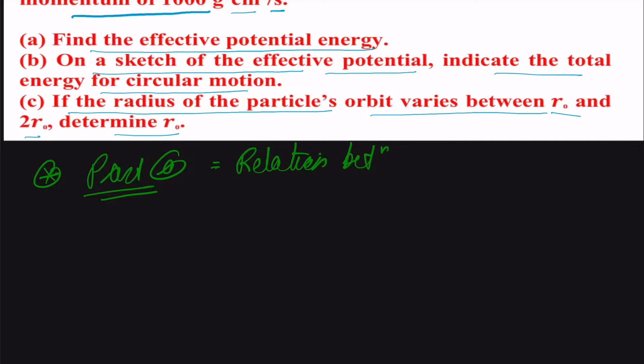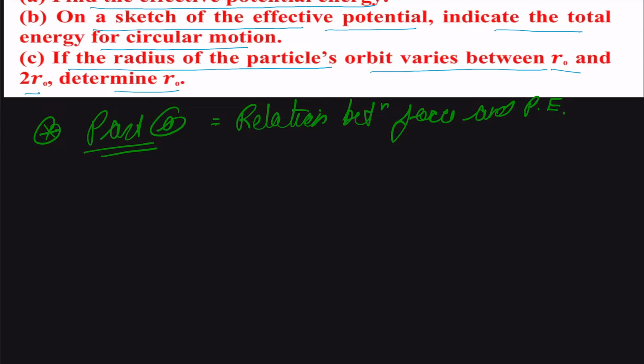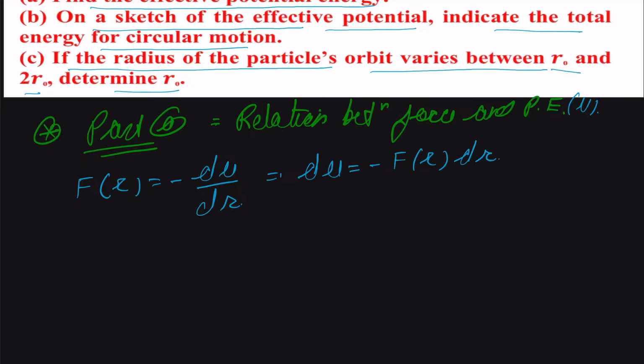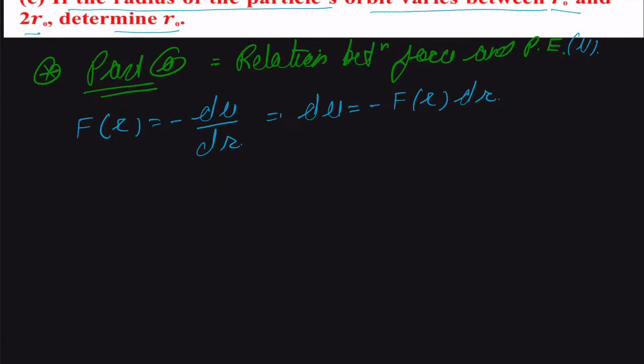and in this part A, we find the relation between force and potential energy. This force, which is dependent upon distance r, will be equal to minus the derivative of our potential energy, which is represented as U. Therefore, we can say from here that dU will be equal to minus F(r) times dr, and we are given that F(r) is equal to 4r cube.